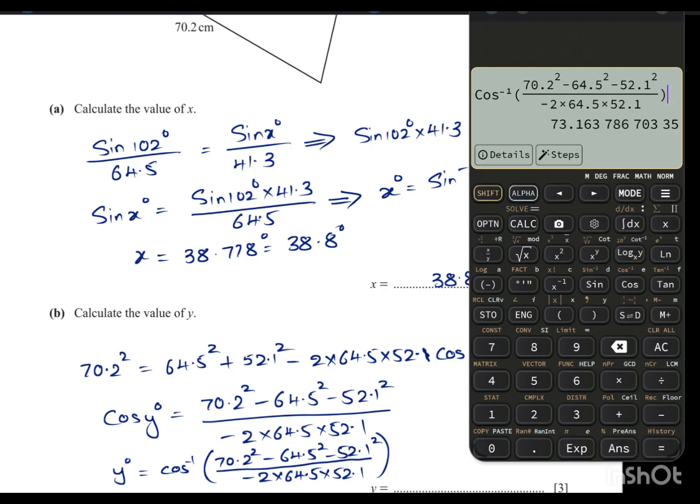Did I put all the values correctly? 70.2 square, 64.5 square, and 52.1 square.